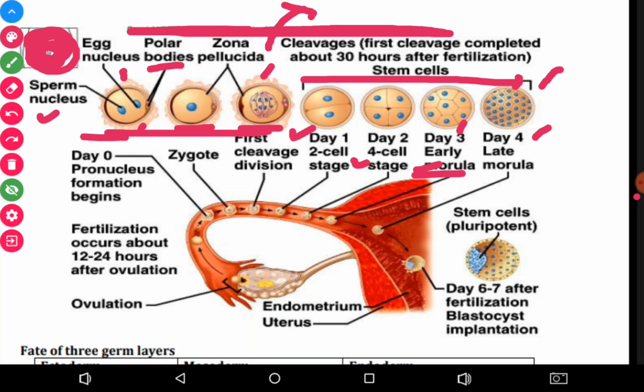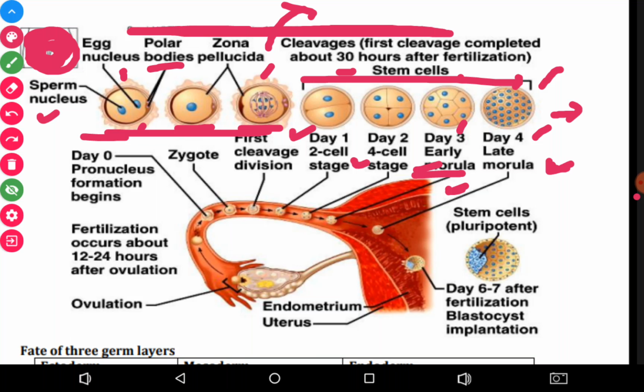This is the 3rd day structure, formed by continuous successive mitotic divisions. The next day, the 4th day, the early morula and late morula structures are formed. The first cleavage is completed about 30 hours after fertilization, and these first cells are called the stem cells.